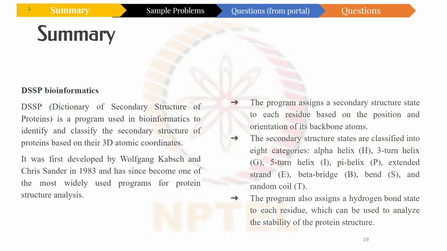The secondary structure states are classified into 8 categories: alpha helix, 3-turn helix, 5-turn helix, pi helix, extended strand, beta bridge, bend, and random coil. This program also assigns a hydrogen bond state to each residue, which can be used to analyze the stability of the protein structure. DSSP generates an output file that contains a summary of the secondary structure and hydrogen bonding patterns.